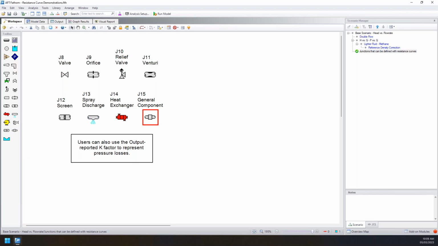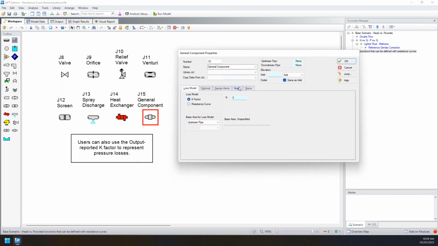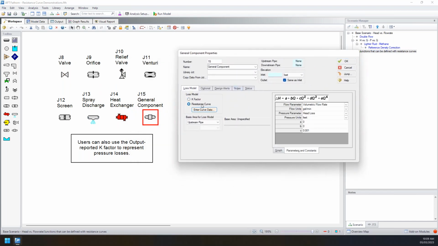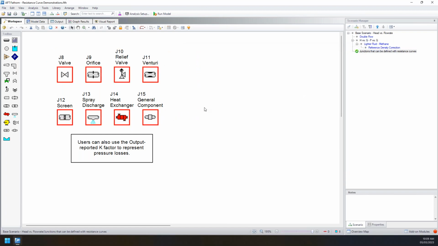This is a component that doesn't neatly fit into anything else, like your filters, like other screens or sensors, things like that, where again, you can define this as a K-factor or as a resistance curve. So again, it's pretty robust. You can use it in a lot of different places and in a lot of different cases. And again, generally, if you have that information at hand, assuming that the information is accurate for pressure loss across a component at a given flow rate, you can use a resistance curve to define that within your model.